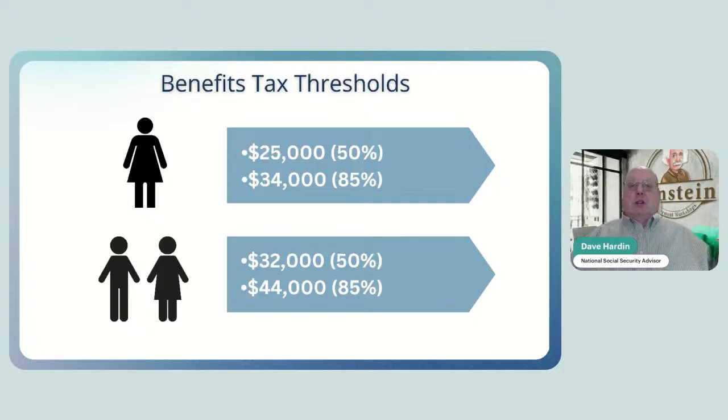If you earn $32,000 in combined provisional income, 50% of your Social Security is taxable at the highest marginal tax rate you pay. $44,000 means you pay tax on 85% of your Social Security at the highest marginal tax rate you pay.